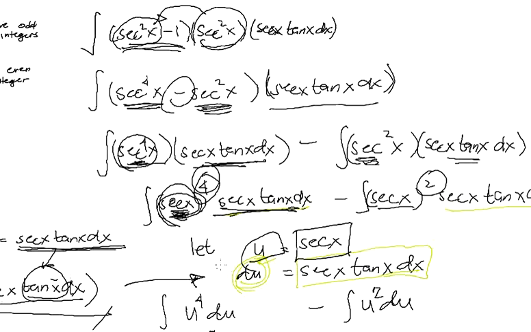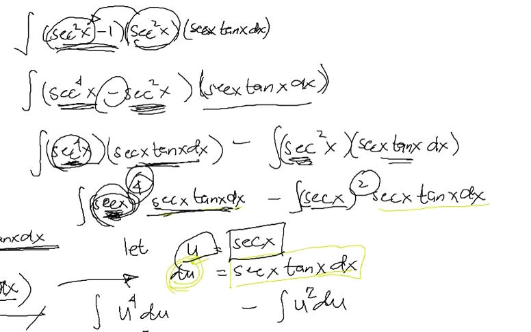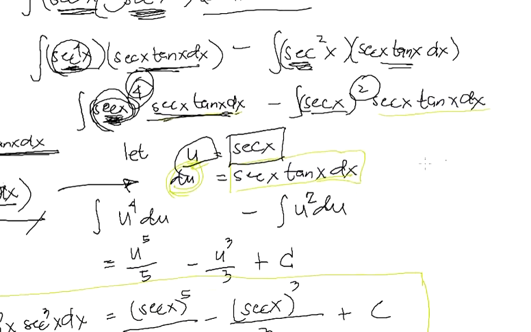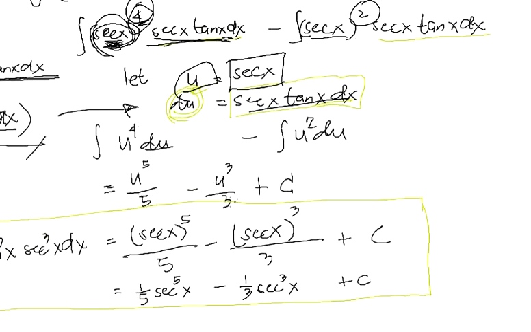That's why we can now convert this into other variables. So we can easily see that it is already in the form of the power formula. So we have u to the 4 du, then minus the integral of u squared du, and then from that we use the power formula and come up with this one.